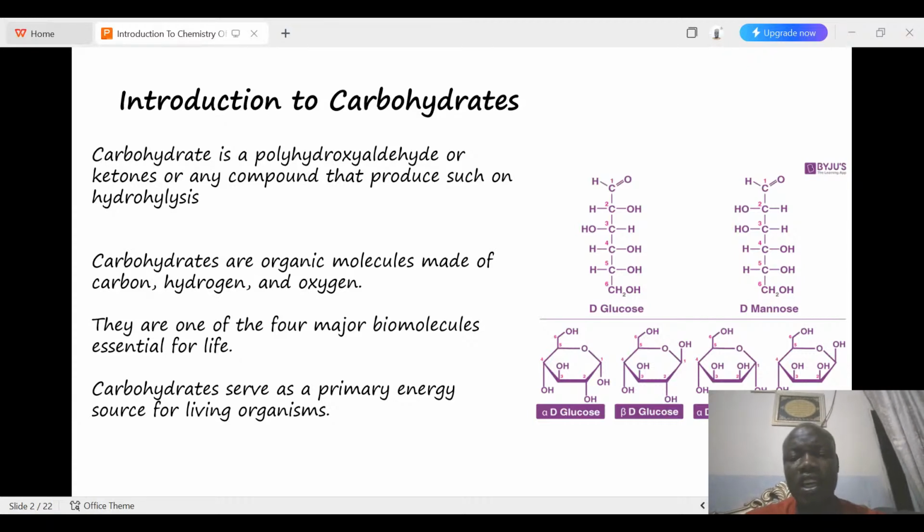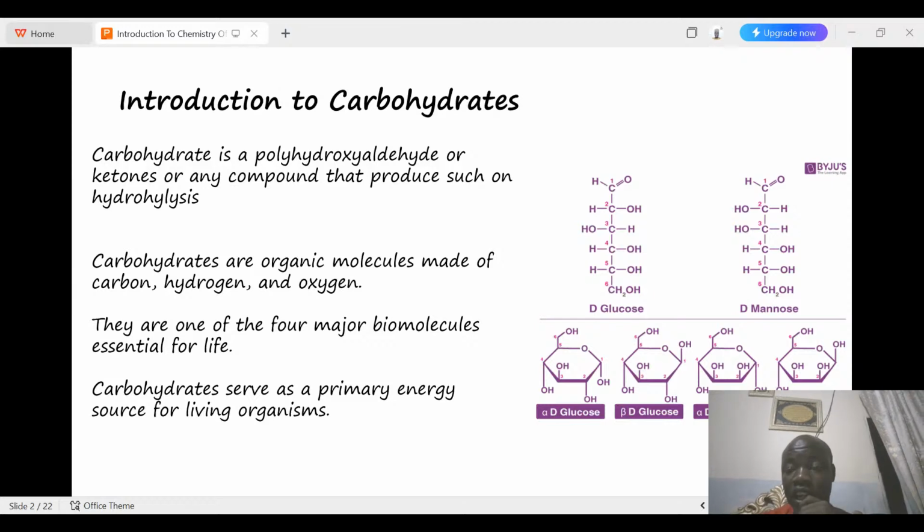I think you can clearly see from this picture, we have two carbohydrates here. We have D-glucose and we have D-mannose. And as you can see, if you look at the first carbon of the D-glucose and the D-mannose, you will see that you have the carbon oxygen double bond.